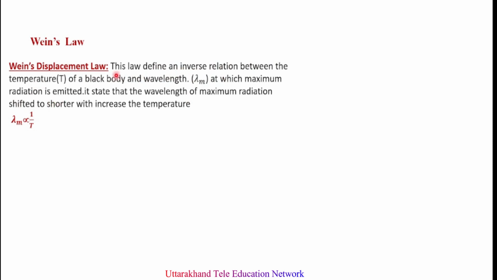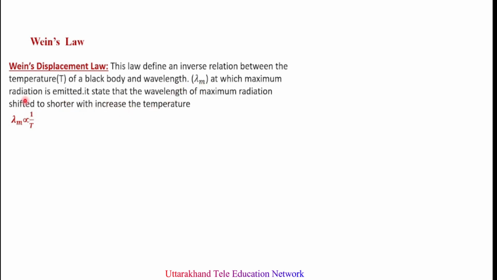The inverse relation means that when temperature is increased, wavelength decreases, or when wavelength is increased, temperature decreases. It concerns the wavelength at which emission is maximum at any absolute temperature, and it states that the wavelength of maximum radiation shifts towards the shorter side as we increase the temperature.